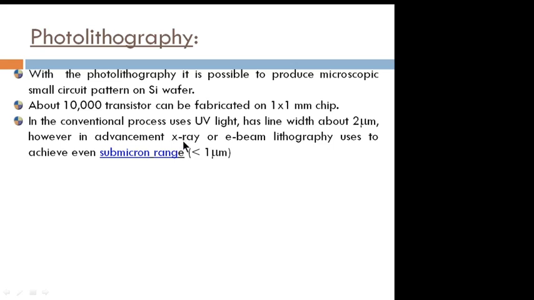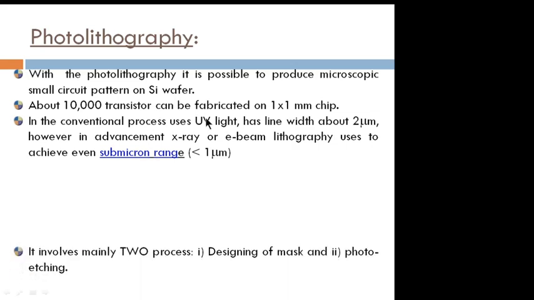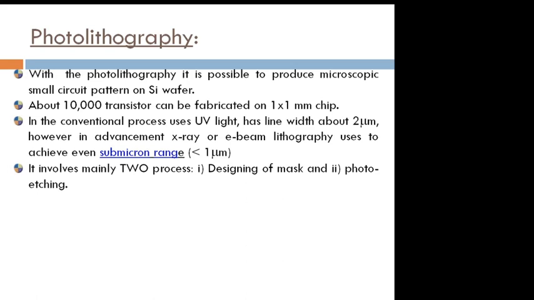So if you want to do carving or circuitry on a sub-micron range, then UV is not the ideal tool, but X-ray or E-beam is the ideal tool for masks and lithography. If UV is not used, it won't be tagged as photolithography, but rather as X-ray lithography or E-beam lithography.